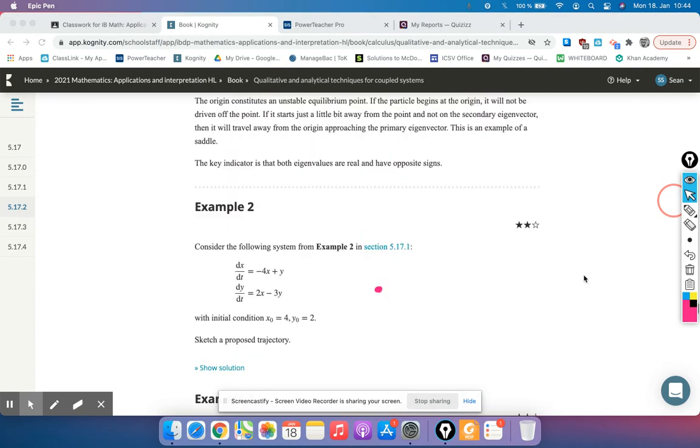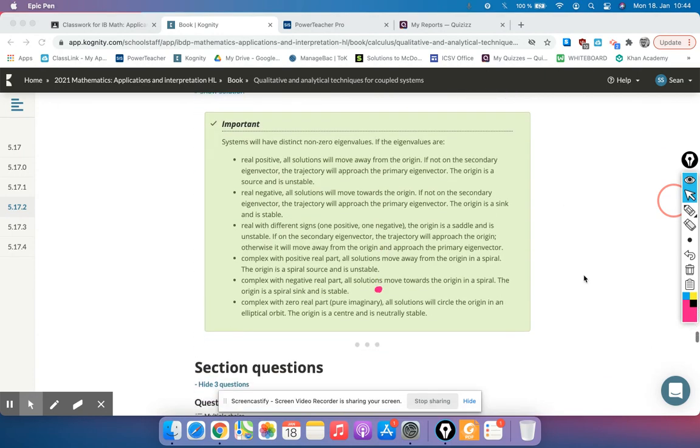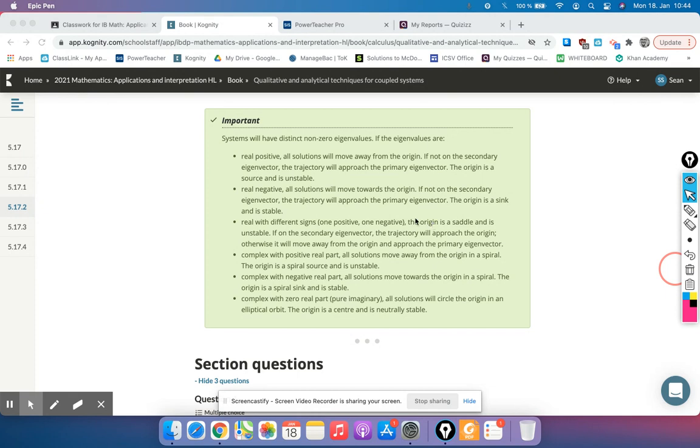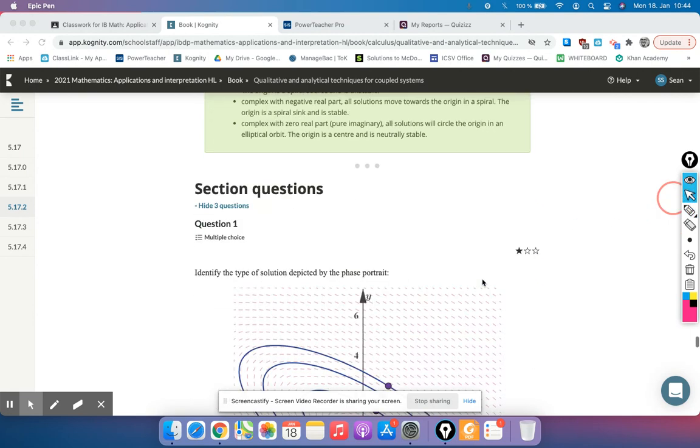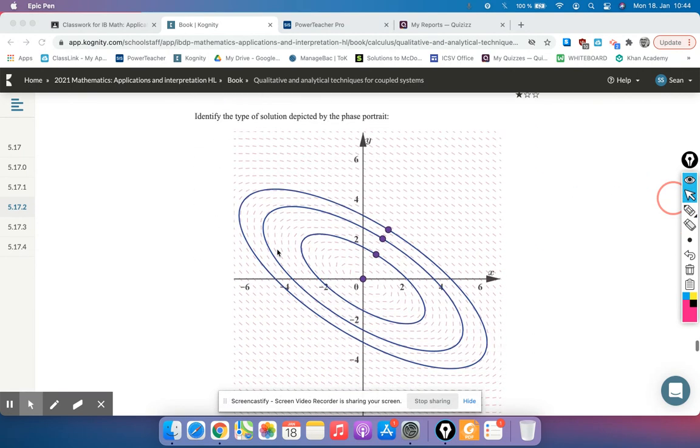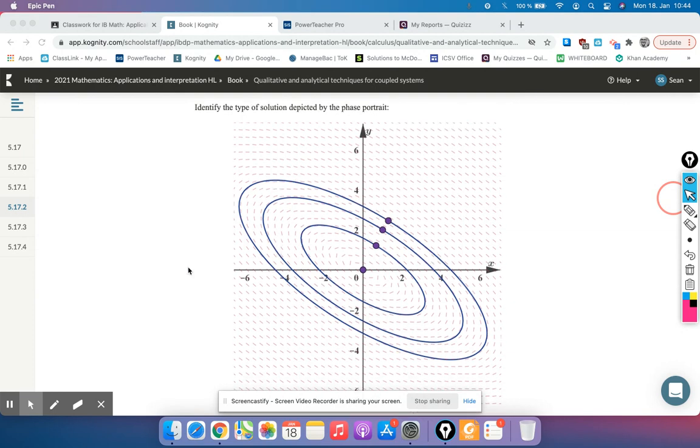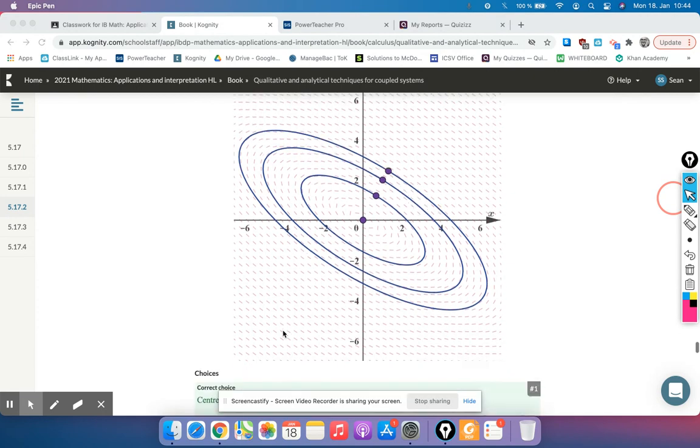Again, you're probably only going to get one question like this, and it's going to be just one of these situations. The section questions are all really, really simplified. So, identify the type of solution.